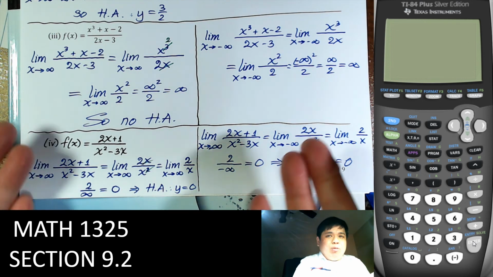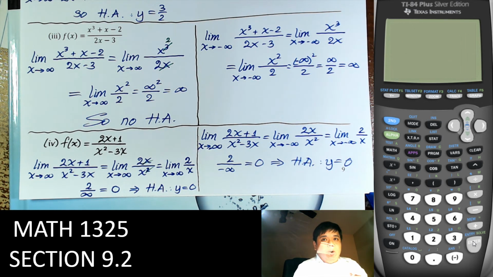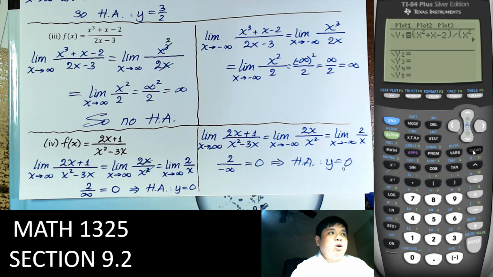And then we ask, do we have to do both? The answer is, in general, yes, we have to do both of them, because we might have a maximum of 2 horizontal asymptotes, one when x goes to infinity and one when x goes to negative infinity. I'll give you an example where we have 2 horizontal asymptotes. For example, we may have the absolute value of x divided by x plus 1.